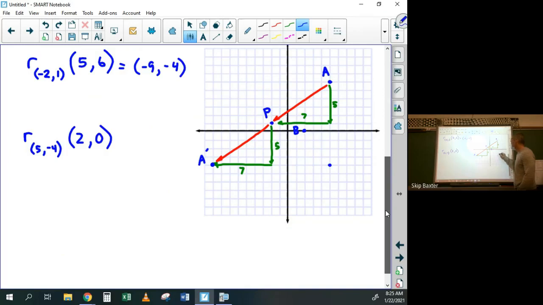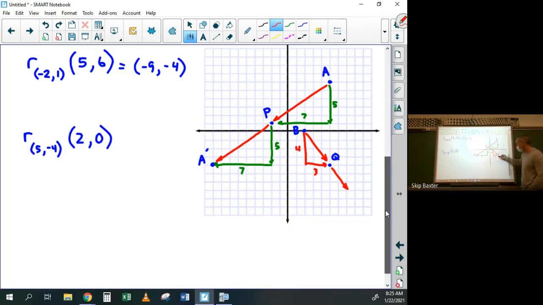Let's call that point Q or something. It's the same thing. I want to go straight to that point and then across it the same number of units. But in order to get the exact right location, I'm going to use slopes. To get from here to here, I'm going down 4 and over 3.